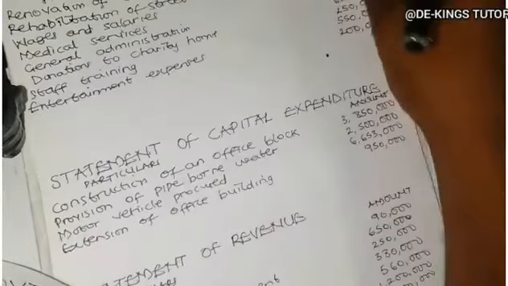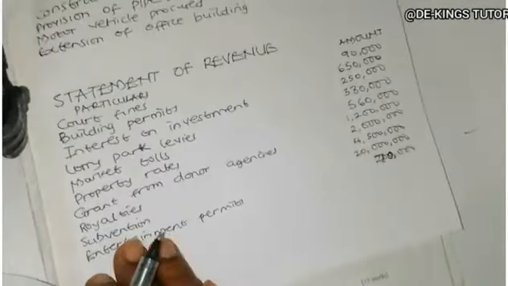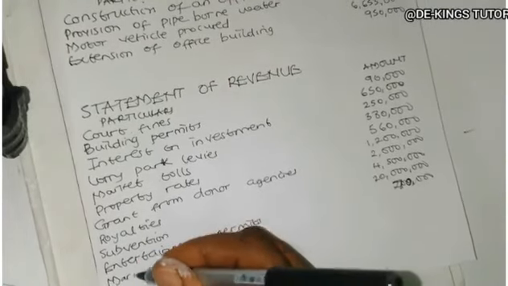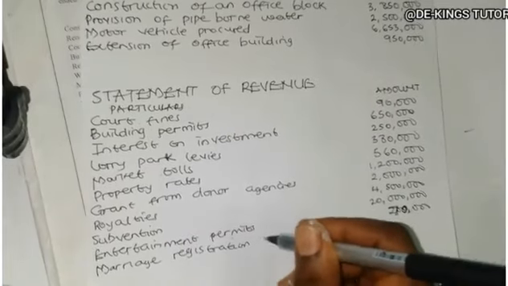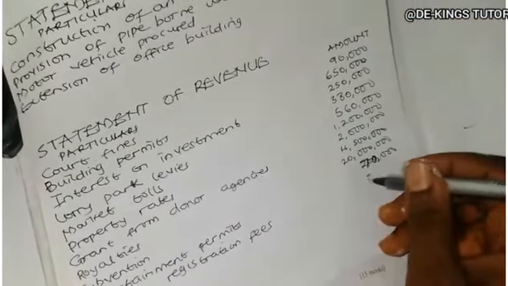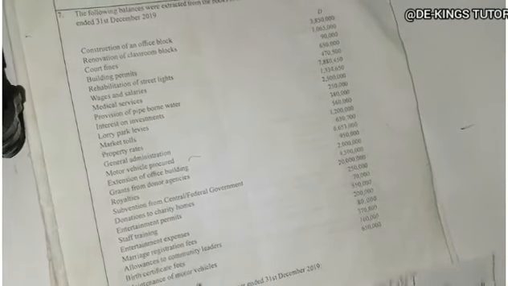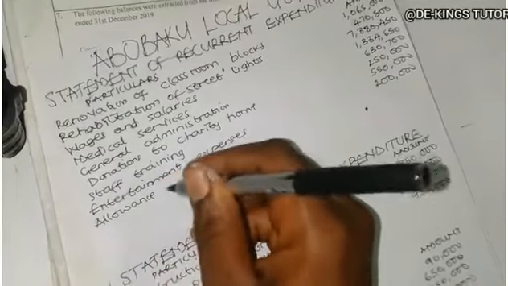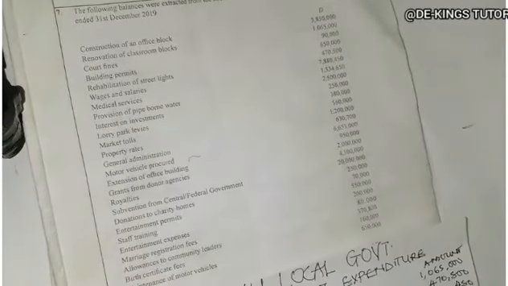They received money, so it's revenue. The next one is allowance to community leaders, 370,800.